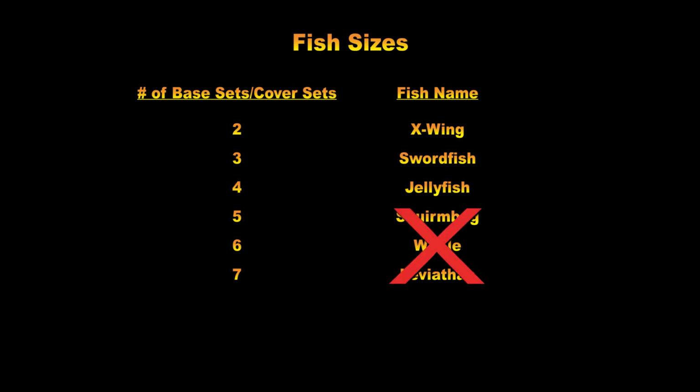I will not be covering squirmbags, whales, or leviathans because these larger fish will always have within them a smaller fish that you can solve first, which means it is a complete waste of time and energy to look for fish of size 5, 6, or 7.